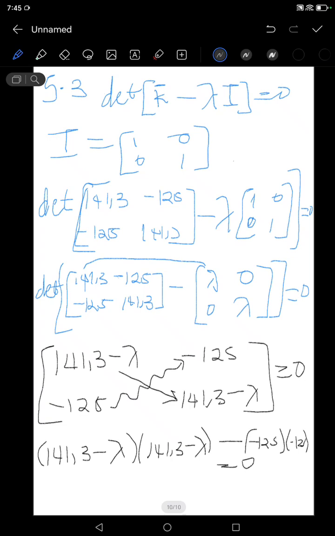So it's gonna be 141.3 multiplied by 141.3, and then we simplify.